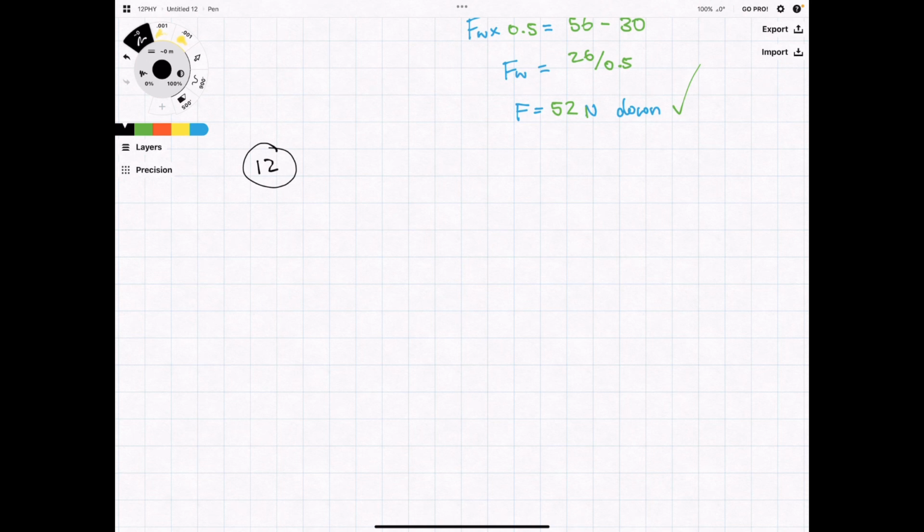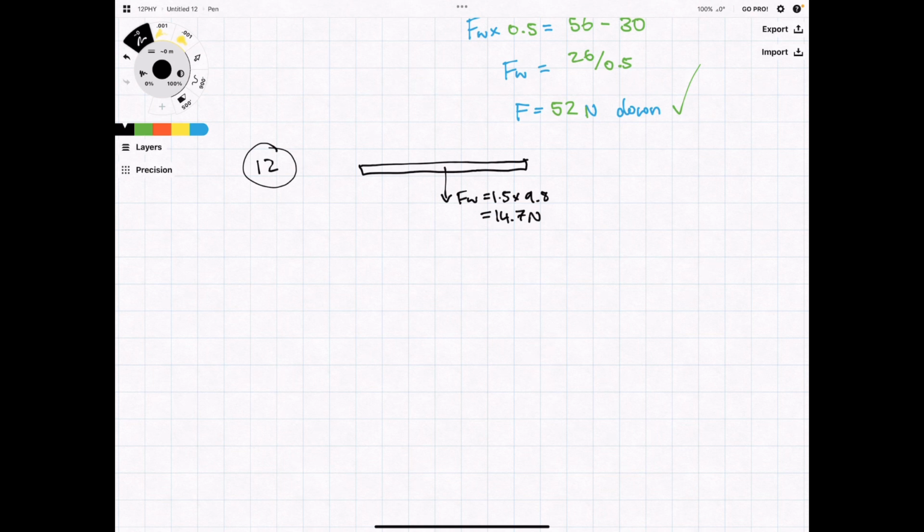So, we have a broom. We can draw it as a plank. Classic physics move. Now, the broom has a weight force. Fw equals 1.5 times 9.8, 14.7 newtons.